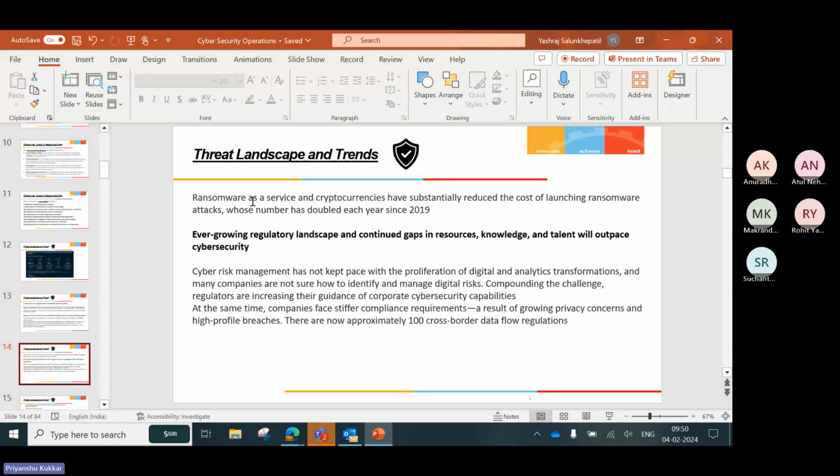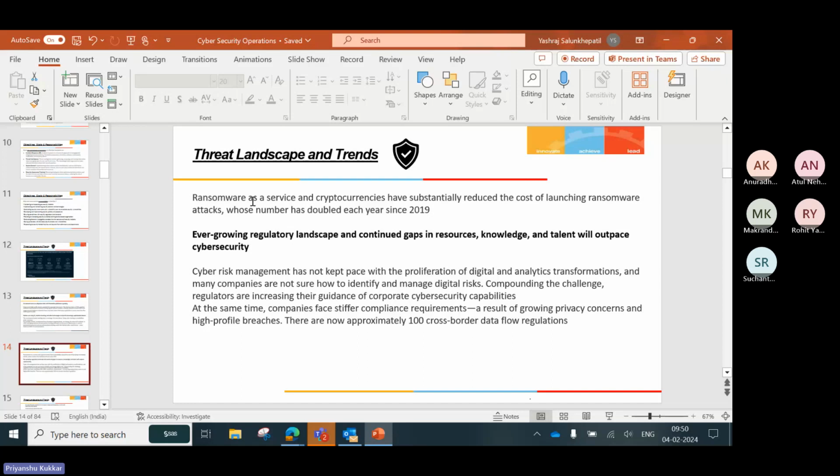Okay, these are just the statistics, the trends of attacks. Next, ever-growing regulatory landscape and continued gaps in resources, knowledge, and talent will outpace cybersecurity.